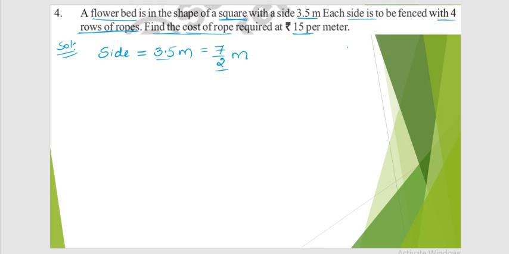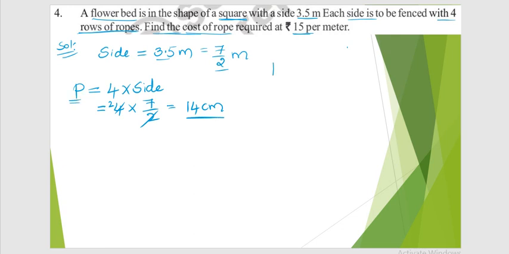Now next I am going to find out the perimeter of this square. Perimeter of a square is nothing but 4 times the side, which is 4 into 7 divided by 2. In the 2 table, it goes 2 times, so 2 sevens are 14 meters. This is the perimeter of the square.